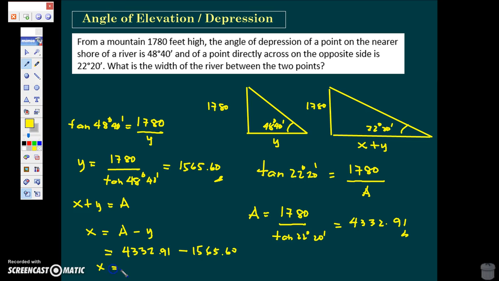So x is equal to 2767.31 feet, which is the width of the river. So you see, a complicated problem like this can be solved by simply representing it with simpler right triangles.